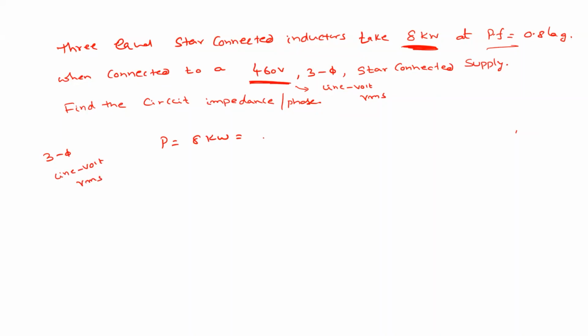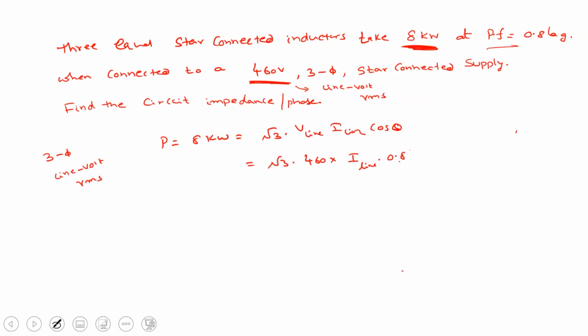So this 8 kilowatt is equal to root 3 times V line I line cos theta. So root 3, V line is 460, I line we need to find out, cos theta is 0.8, equal to 8000.